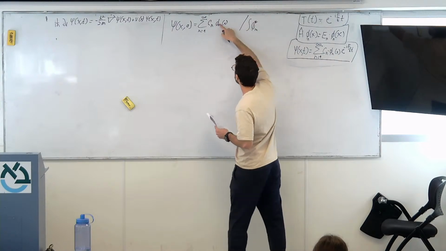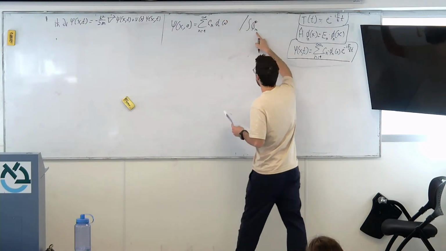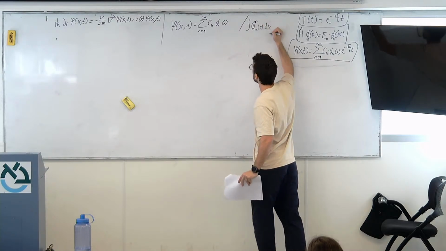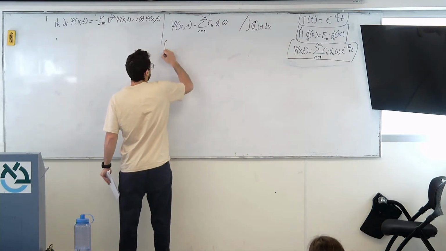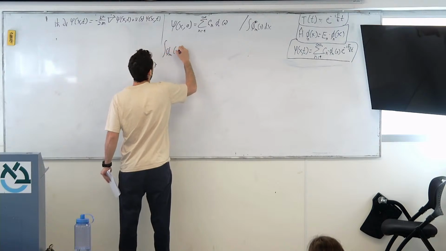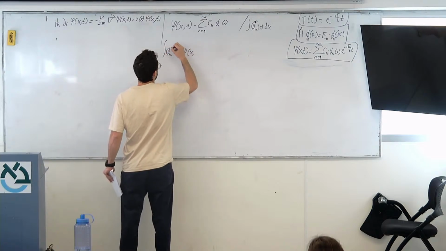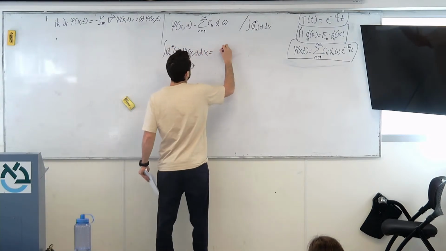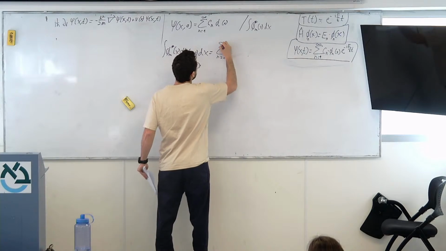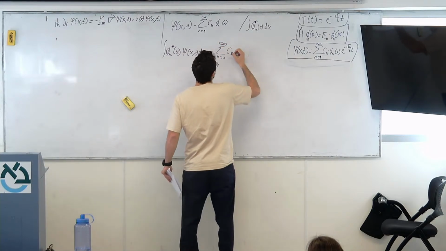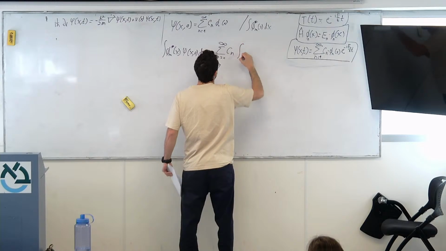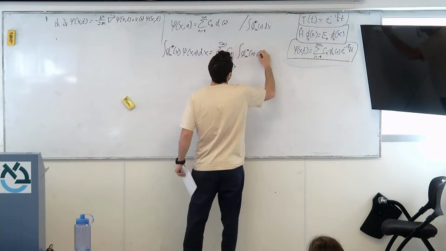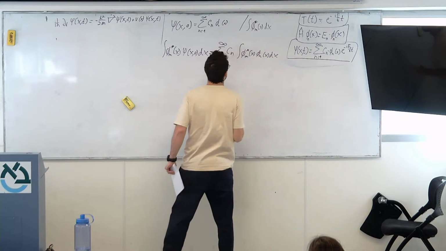So here we had phi n, here I'm gonna do phi m of x dx, and we're gonna get an integral over phi n of x psi of x, and this is conjugate 0 dx equals a sum over n equals 1 to infinity Cn, and I'm just gonna make my life a little bit easier, phi m star of x, phi n of x dx.